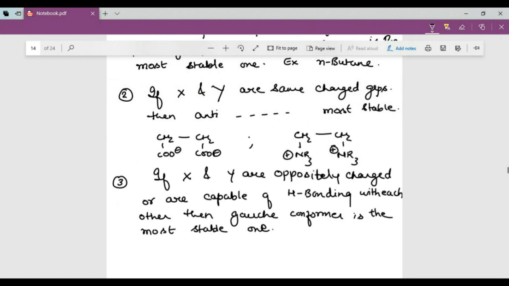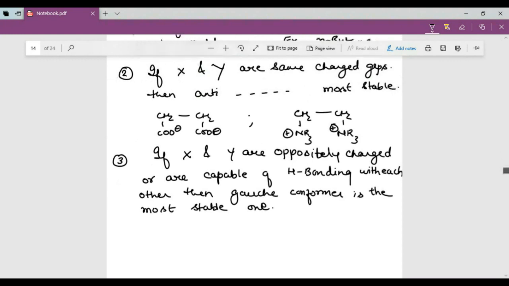Okay? If X and Y are oppositely charged or are capable of intramolecular hydrogen bonding with each other.